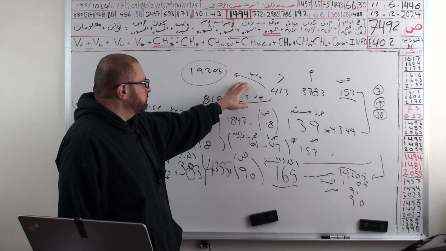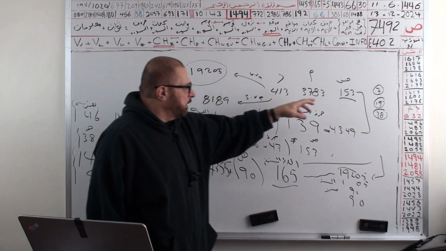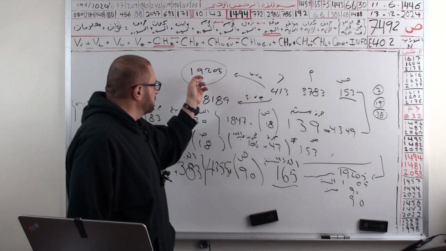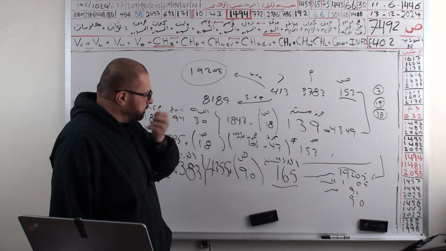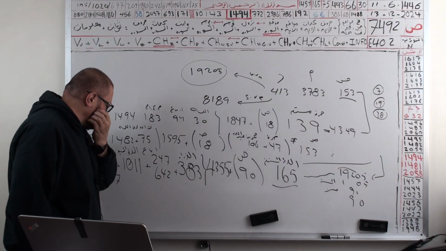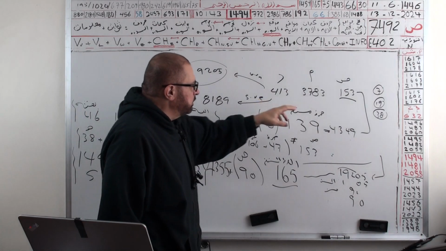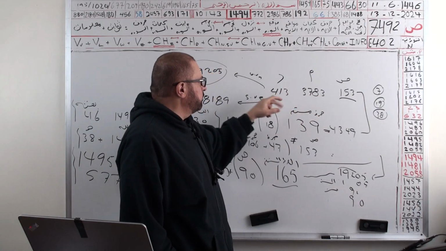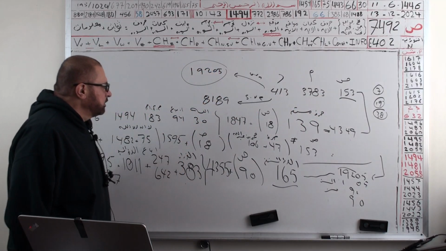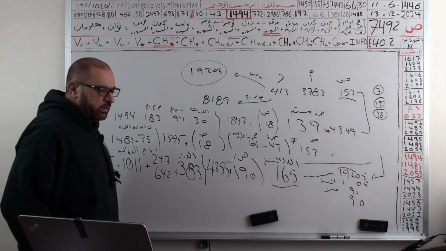Geometrical value, multiplying 90, 1 and 4, gives us this number. Then the sequential value, multiplying 18, 1 and 4, gives 8,189. I want you to pay attention here.